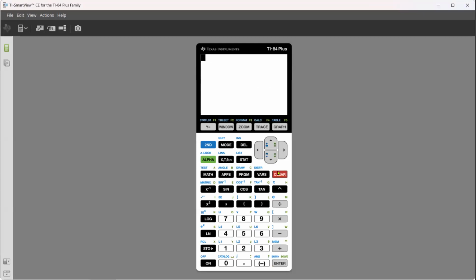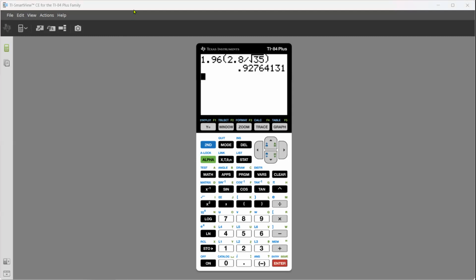We're going to do 1.96 times 2.8 divided by the square root of 35, and close the parenthesis. And we're going to get 0.9276.